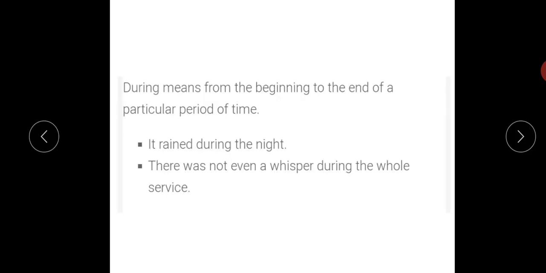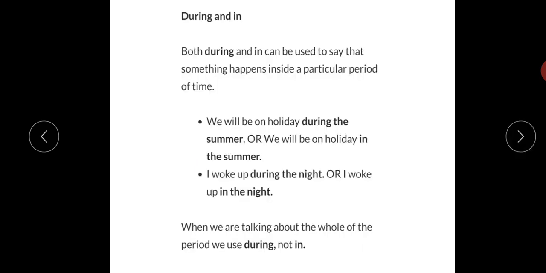So we prefer "during" when we stress that we are talking about the whole of the period, right? But you can use "in", but you can't use it like that. You understand? "In" can be used to differentiate when an activity happened, and we use "in" for a specific month or year or periods of the day.